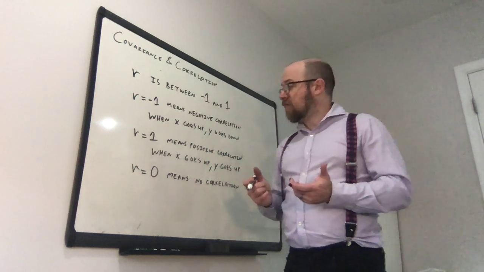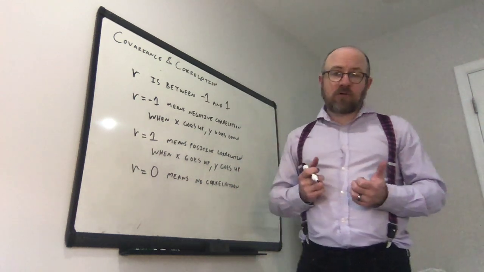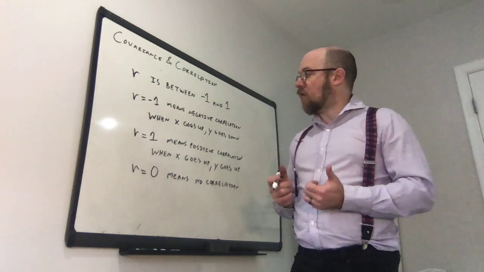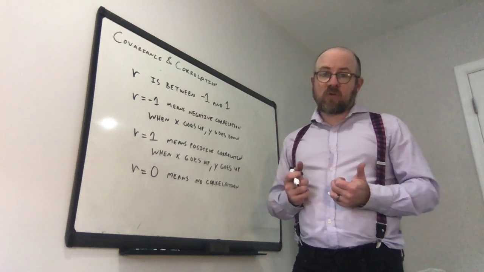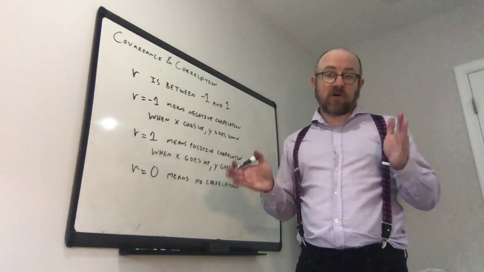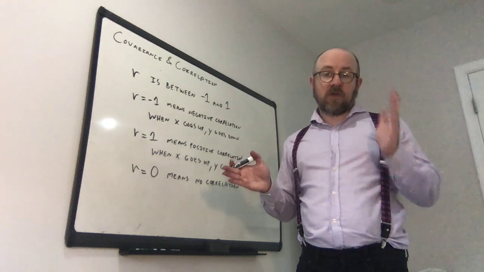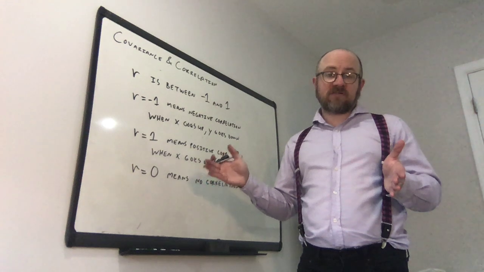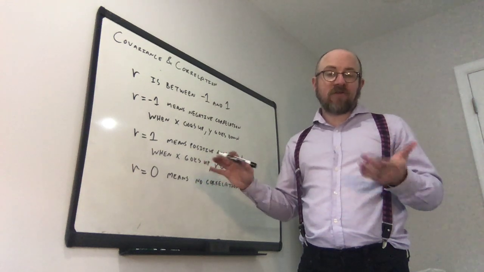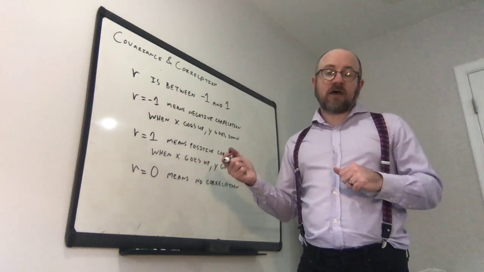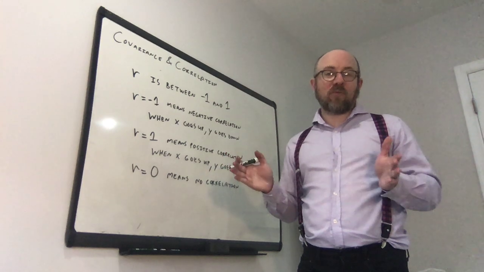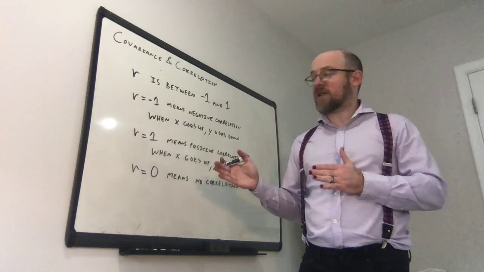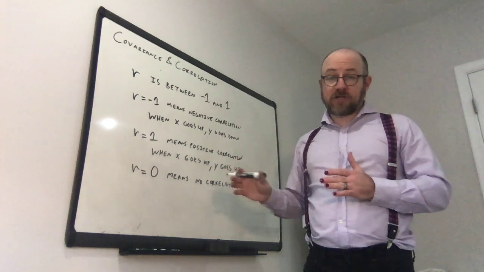Okay? The other thing you should be aware of is that programs like Excel a lot of times will use R squared. So R squared gives you a number between 0 and 1. If it's close to 0, that means no correlation. If it's close to 1, that means there is some correlation, whether it's positive or negative. And so it works the same way. If you've got an R squared that's very close to 1, it means you've got some correlation.